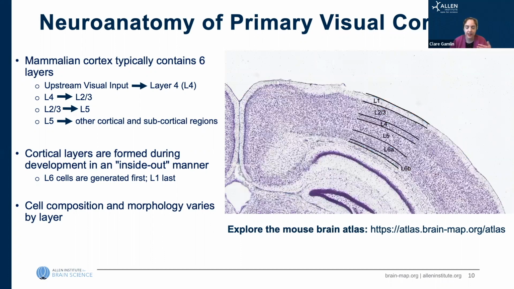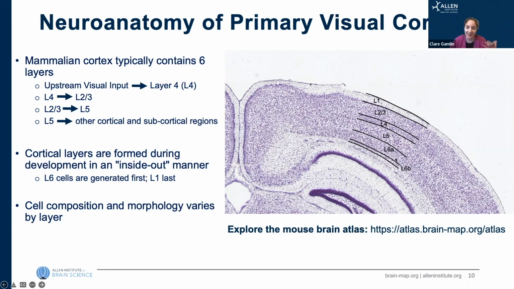So if I click here, you can now see an actual image of the primary visual cortex of the mouse with those layer boundaries still present. Hopefully you can see in layer 1, there's not a lot of dots here indicating not a lot of somas, whereas layer 4 is very dense and has a lot of cell somas. And so we know that cortical layers contain distinct numbers and types of neurons.